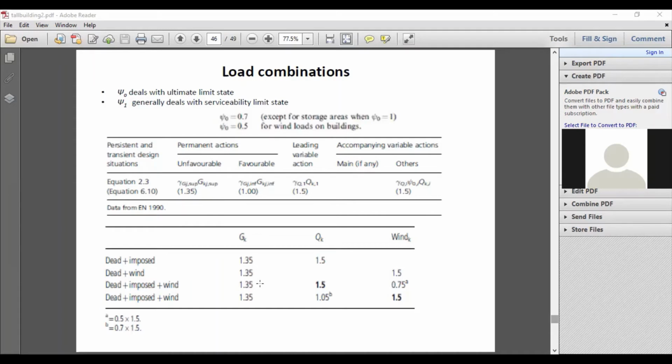That means, immediately after construction, this structure is not yet opened, so they are still doing the finishing work. But most of the loads, say 95 to 98% of the permanent loads that you have anticipated, are now acting on the structure. So there can be a little room for adding a few more loads, like the weight of finishers and so on, that are going to come in the last part of the building construction.